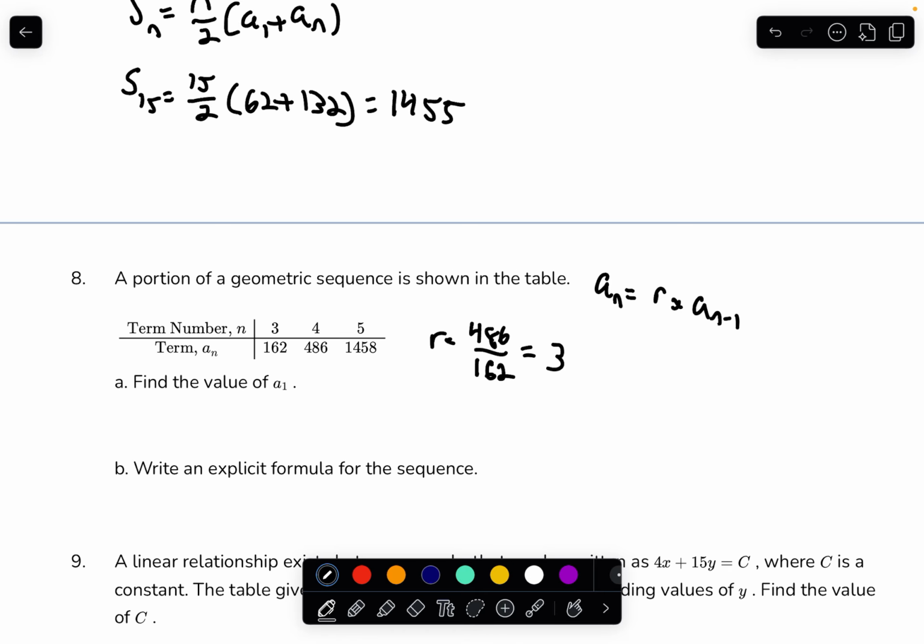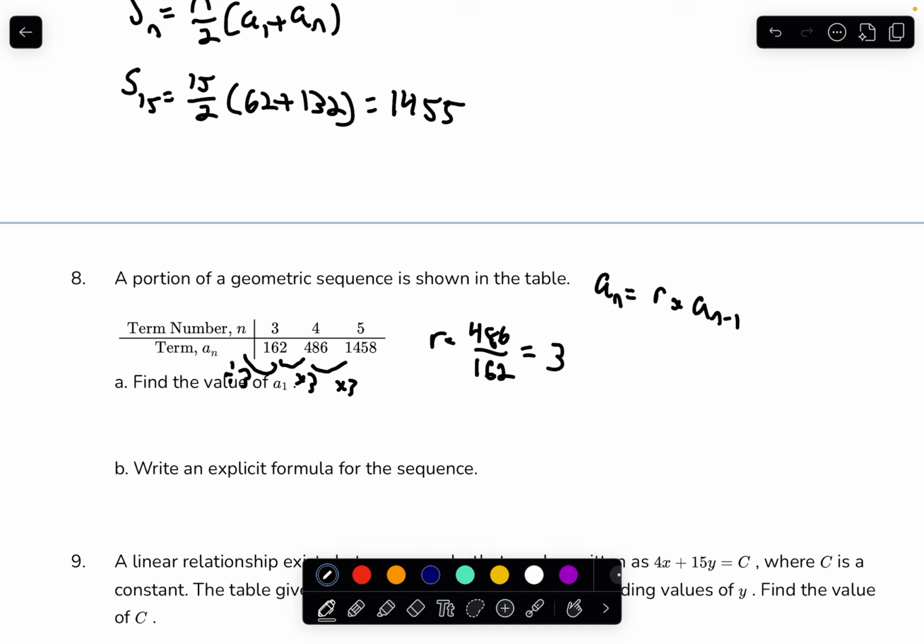So then when they want to find a sub 1, if we're multiplying by 3 to go from left to right, then to go from right to left, we have to divide by 3. You have to undo the multiplying.